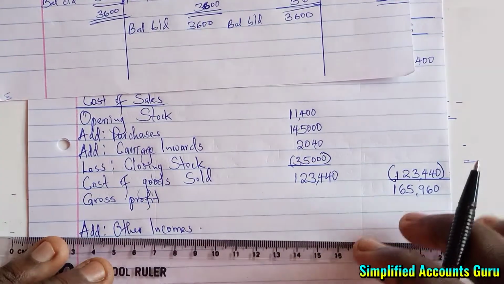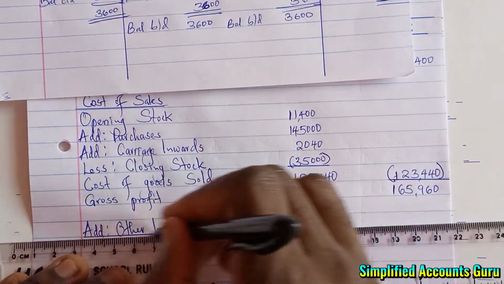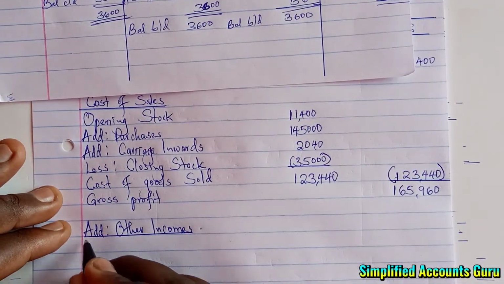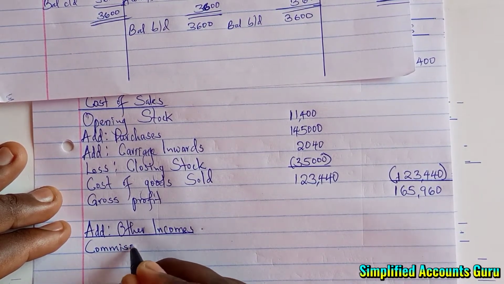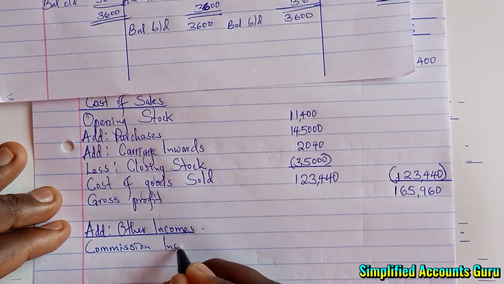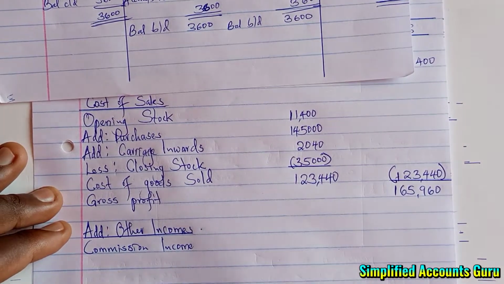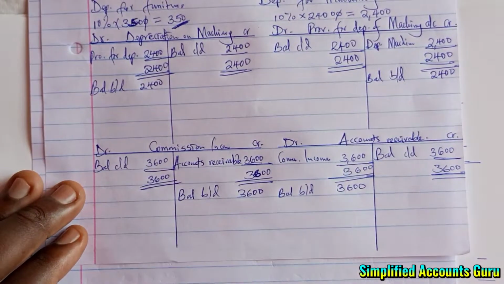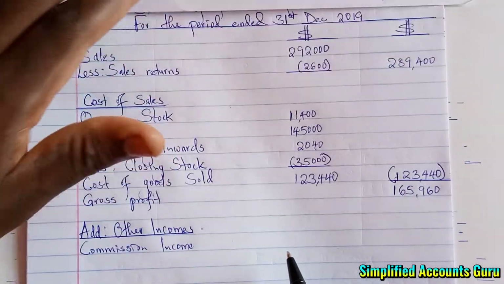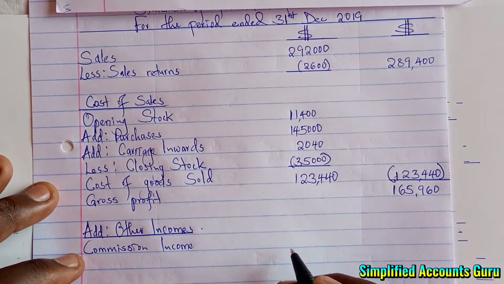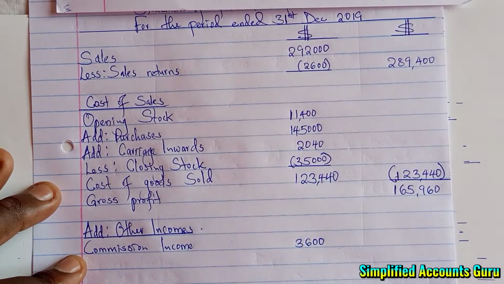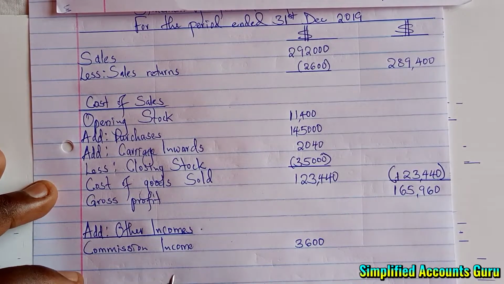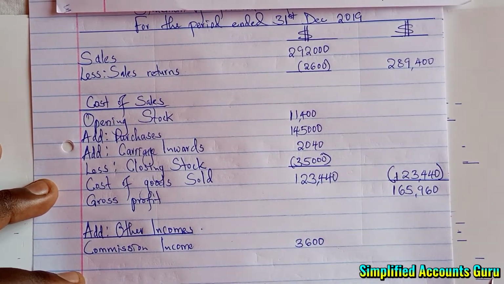So under other incomes, we have commission income. So this commission income, you just pick it here, which is 3,600. I'm putting it here expecting to get some so that we adjust before we take it to the final column.